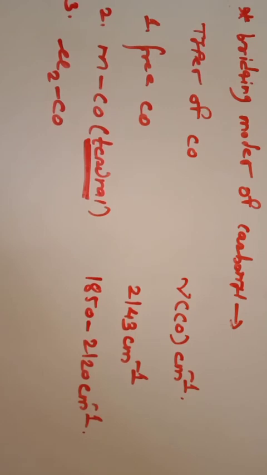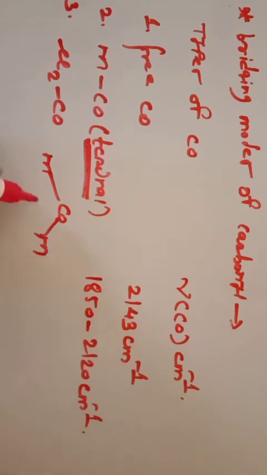So the second point is metal and carbonyl, that is the bonding of carbonyl with metal, where carbonyl acts as a terminal ligand. Now we discuss the carbonyl stretching frequency when it is in bridging form, that is mu 2 CO, meaning it is attached to two different metal atoms, metal, carbonyl, metal.